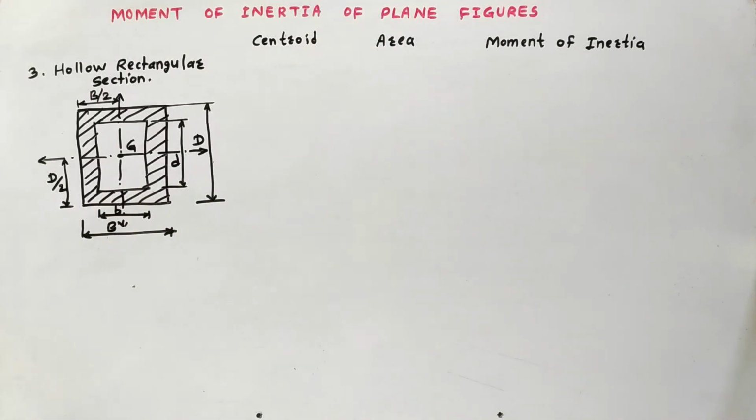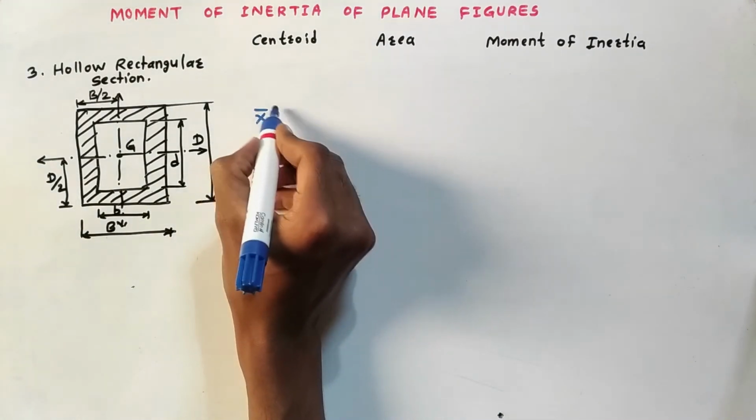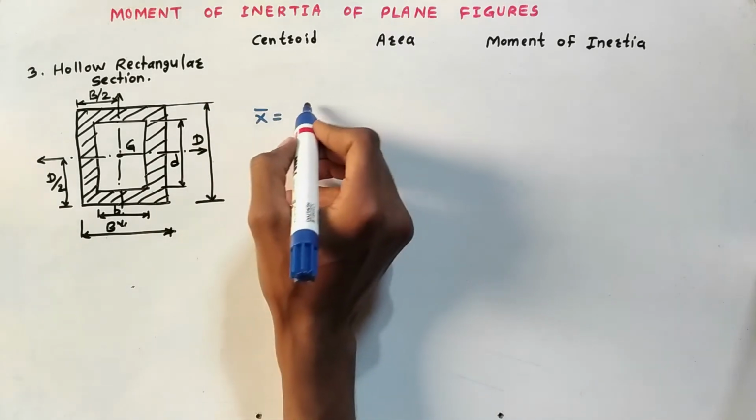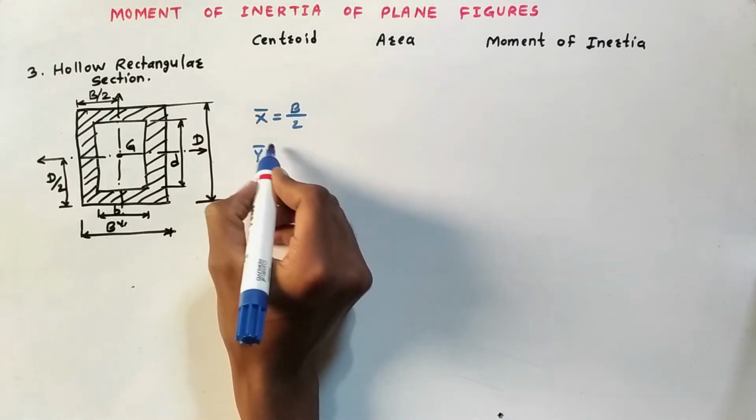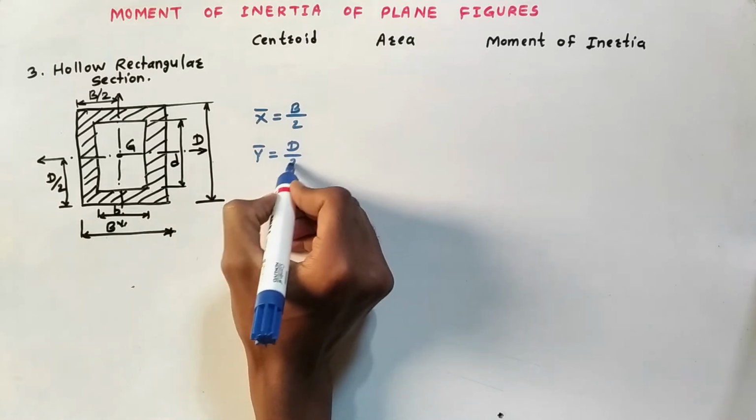So centroid x bar of this hollow rectangular section is at B by 2 and y bar is at D by 2.